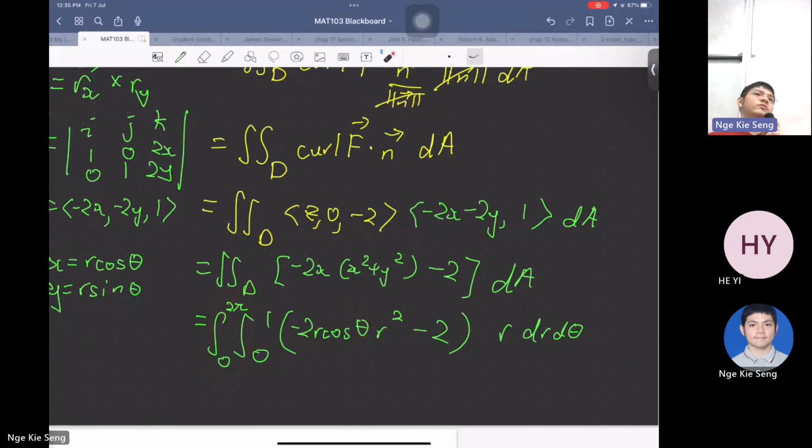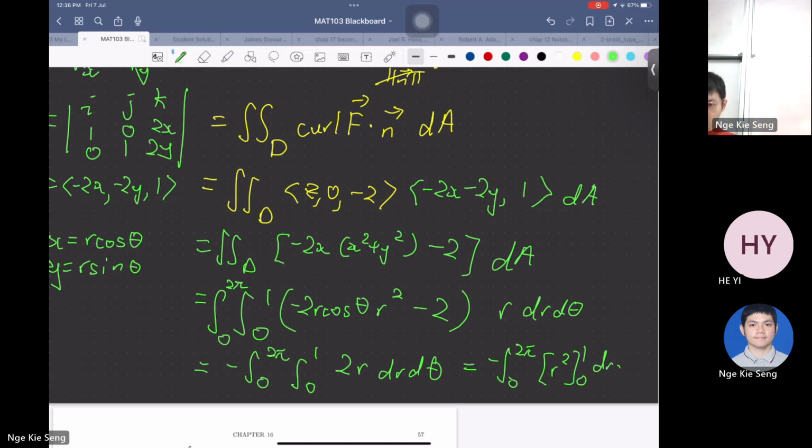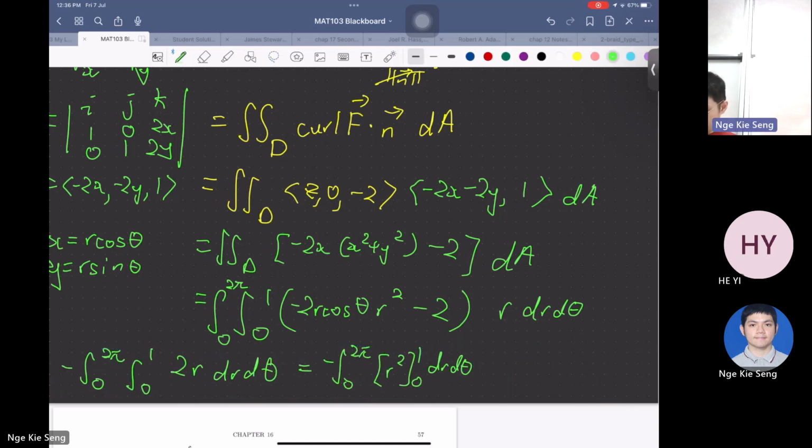If I integrate cos theta from 0 to 2 pi, you get 0, so this term disappears. What we're left with is the second term: integrating from 0 to 2 pi and 0 to 1 of minus 2r. Integrating gives minus r squared, and you will get minus 2 pi, since the integral of 1 d theta from 0 to 2 pi is 2 pi.